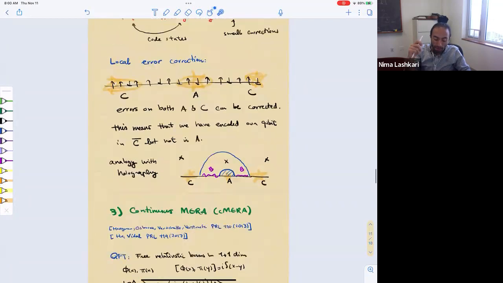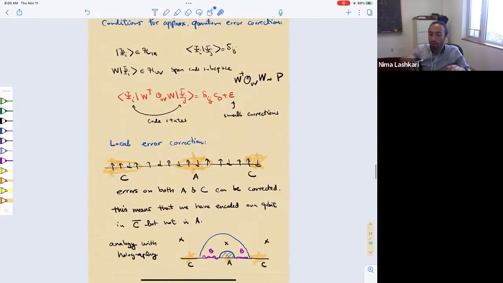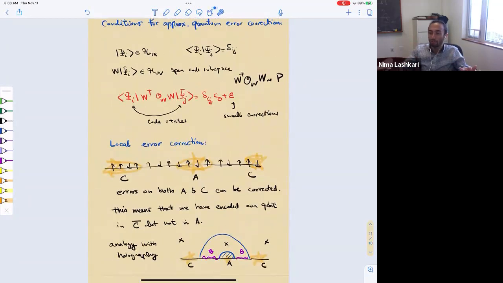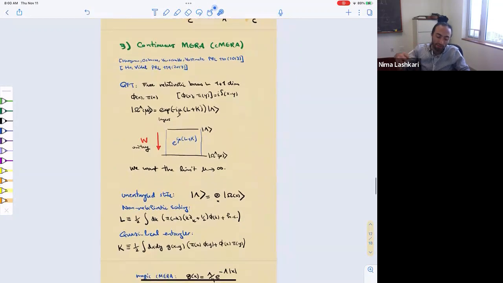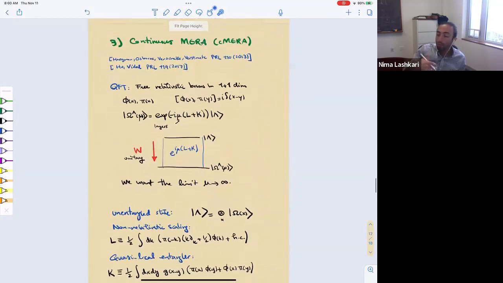All right. Next, we would like to do this in quantum field theory. In the remaining few minutes, I'll discuss that, working out an example exactly parallel to what we just discussed, using the continuous MERA. Now, I don't have to do this.